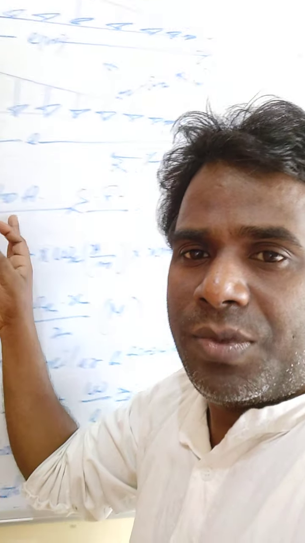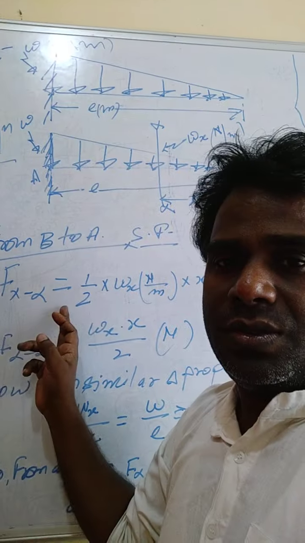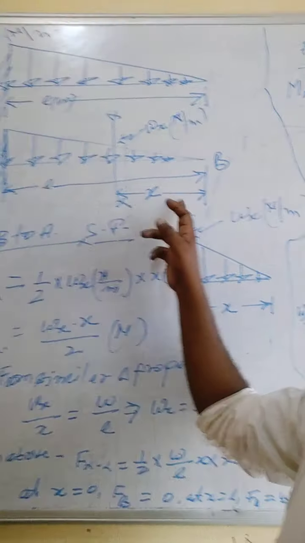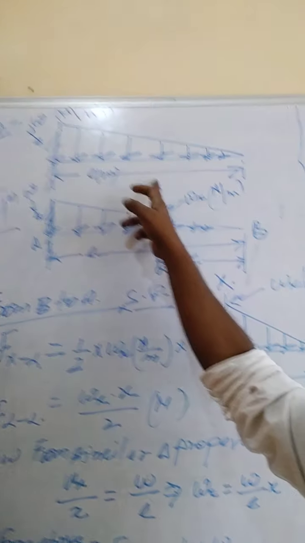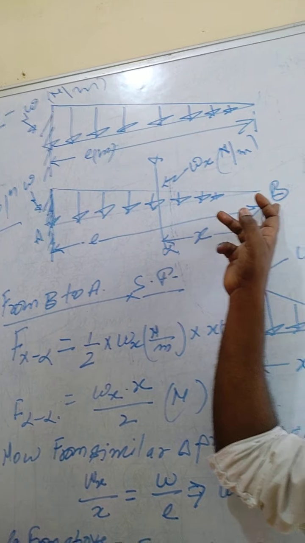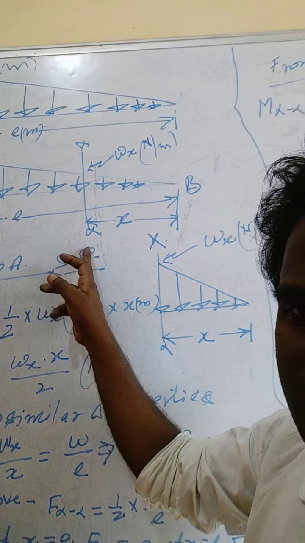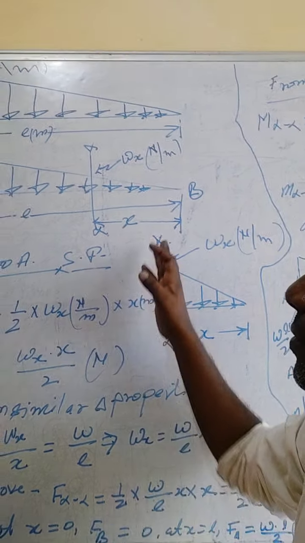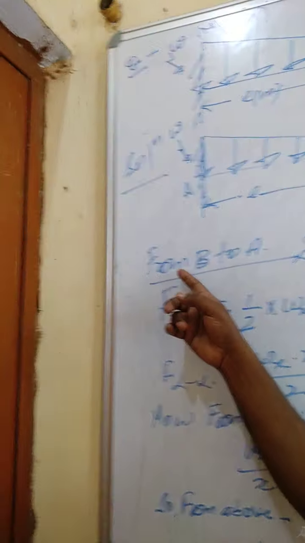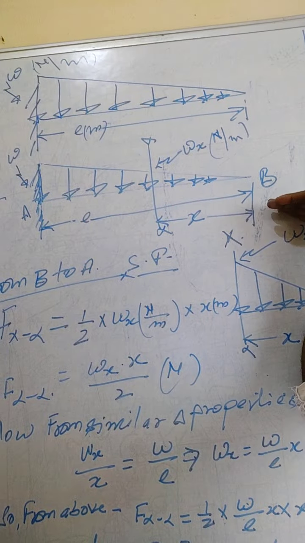First we will write from B to A the shear force equation Fxx. Then you will take a cross section XX at a distance x from end B. So I am writing B to A because I am moving from this side to this side.